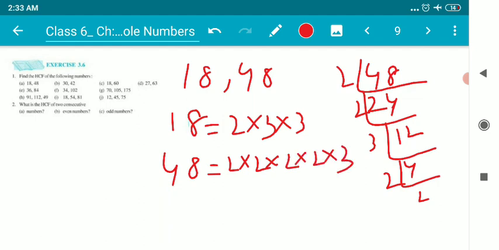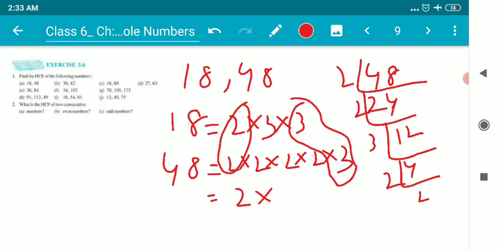Okay, children. Now it's time to make the pairs of common numbers. Here is one pair of 2. I'll write 2. Here is a pair of 3. I'll write into 3. Now this 3 and these 2s are not coming under any pairs, so I cannot take them obviously.